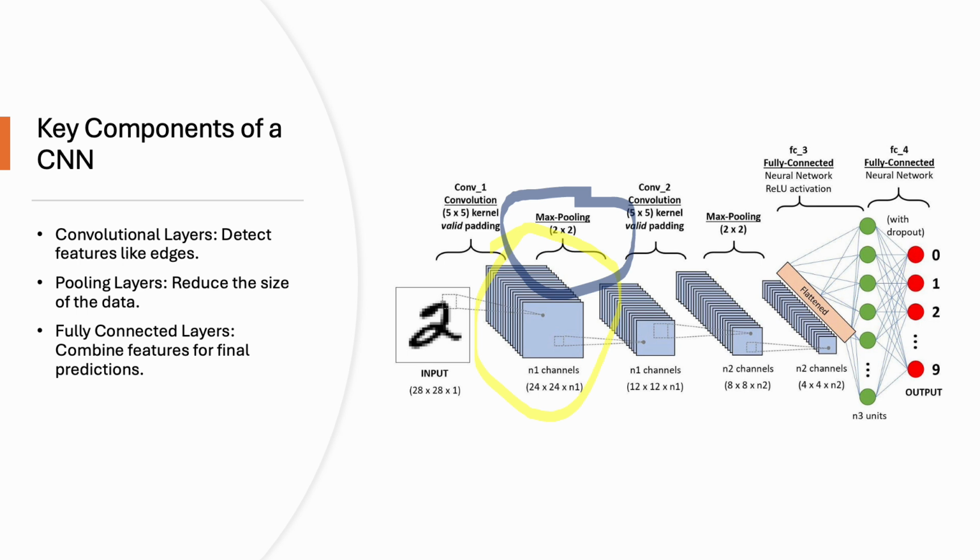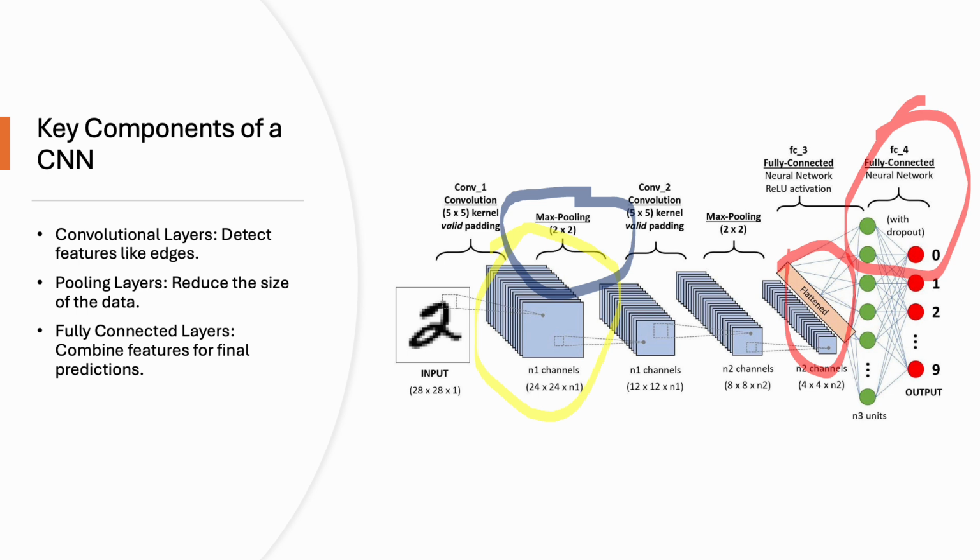This pooling layer reduces the size of the data, and we have multiple layers of convolution and pooling, and so on. And then we have a flatten layer, and finally we have a fully connected layer that combines features for the final prediction.